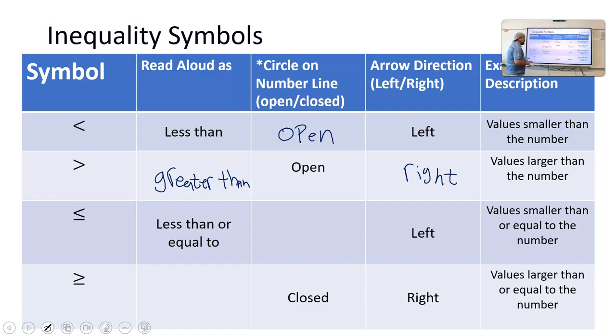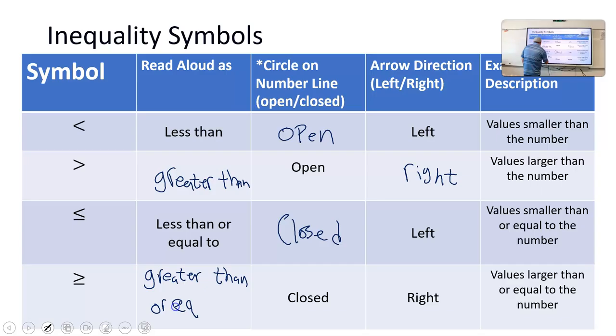Less than or equal to is a closed circle, and we will shade to the left. And a greater than or equal to is a closed circle going to the right as well.